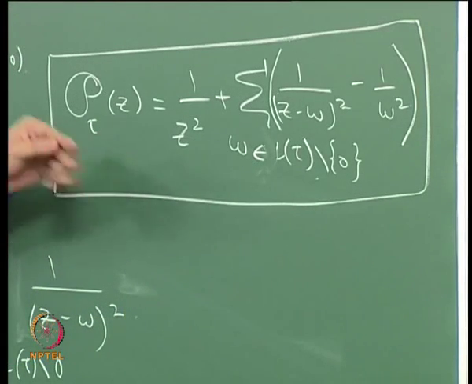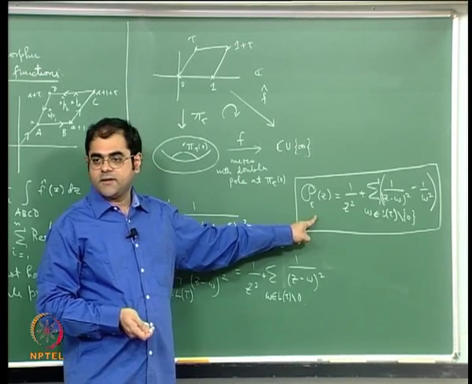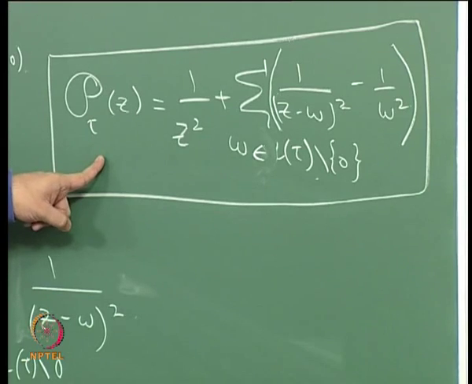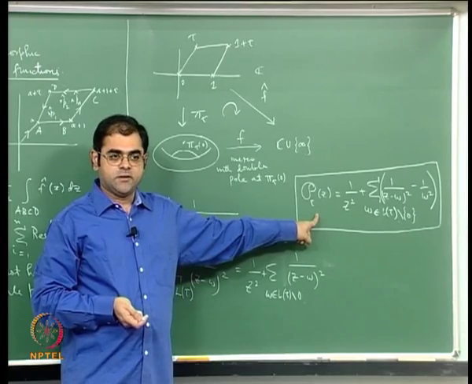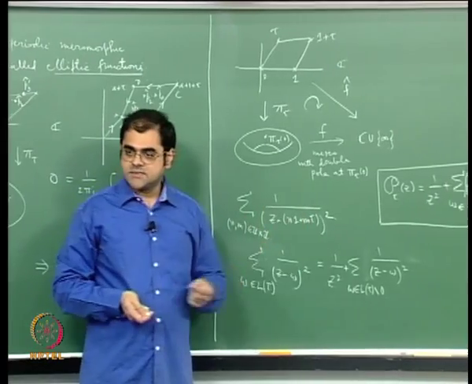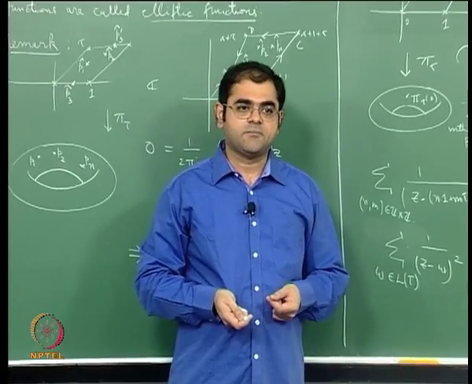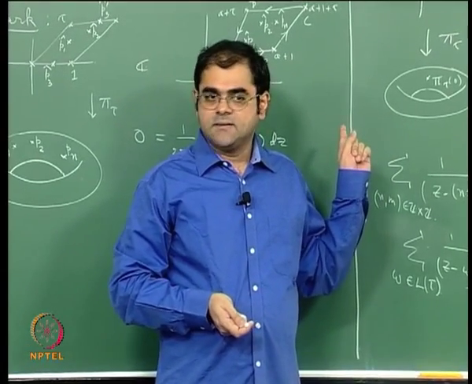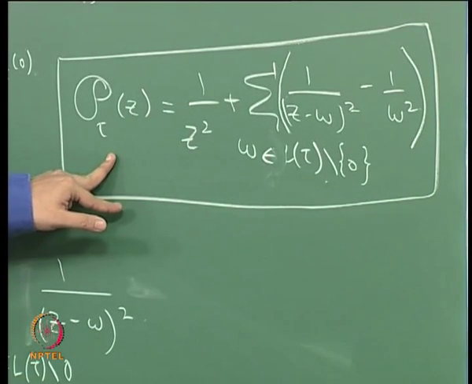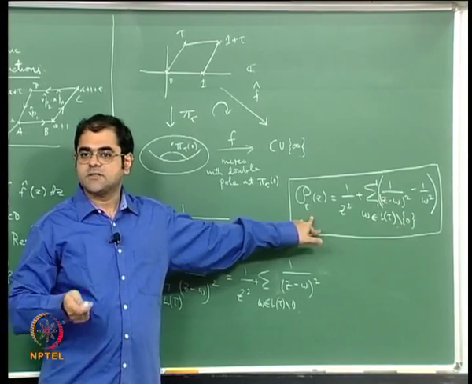Now, of course, one needs to check that whatever one has written down here heuristically is actually something that makes sense. You cannot simply write a series and expect it to be a function. You have to check that it converges. You have to check that it is really a meromorphic function, namely it is analytic at every point different from any point of the lattice, and you must also make sure that it is doubly periodic, and that the only poles of this function are at the lattice points and the poles are of order 2.